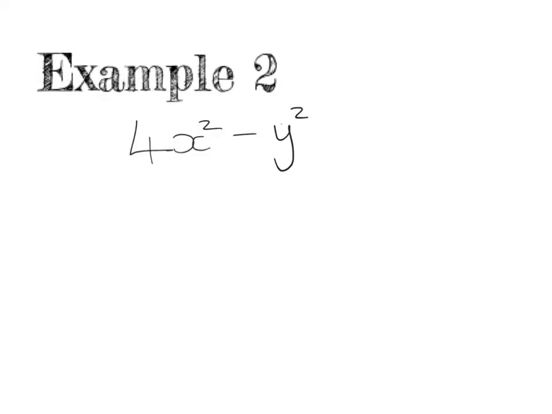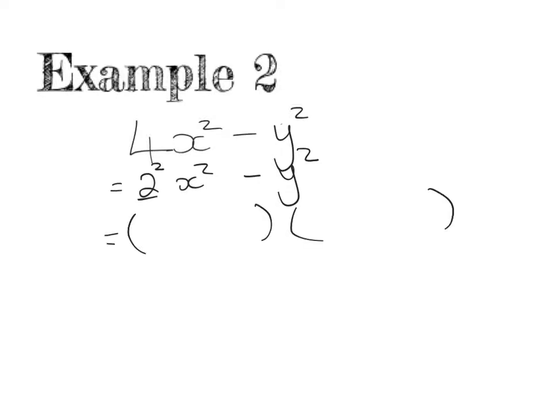Okay, next one, let's factorize this. The 4, if you put it in a square root bracket, it will give you 2 to the power 2. The x is already to the power 2. And the y is also already to the power 2. Now I'll go make my 2 brackets.